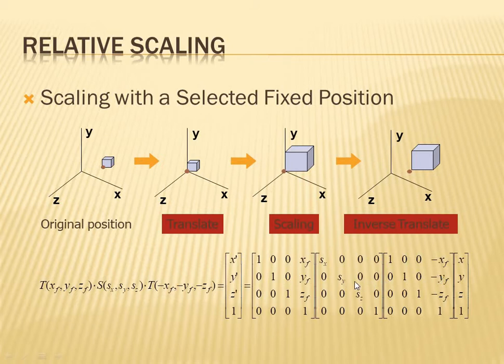In the second step, we will scale the object about the origin, because the standard matrix scales the object about the origin. After performing scaling, we have to perform the inverse translation, which means we have to translate the object back to its original position. For that the translation factors, that is Tx, Ty and Tz, will be xf, yf and zf respectively.